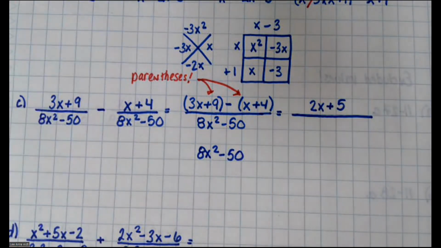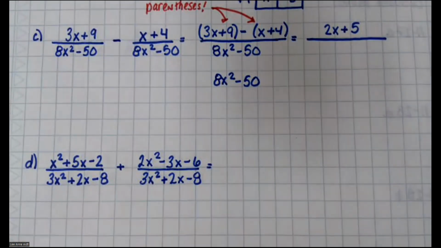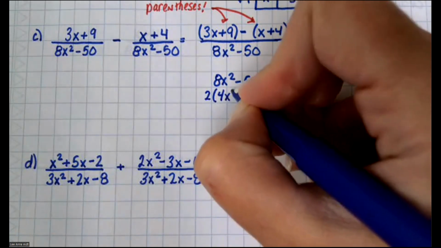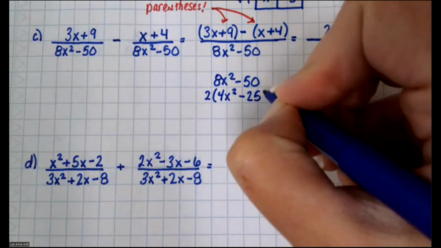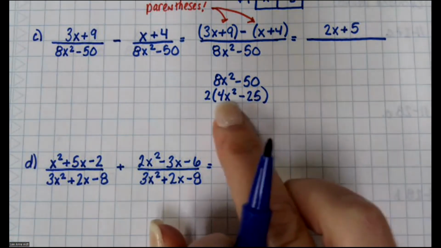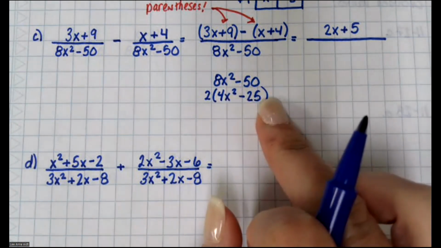This is a GCF and a difference of squares factoring. So I'm going to do this one with you. Do you notice that it has a GCF of 2? Okay, so 2, 4x squared minus 25. And back when I taught Math 2, I said to myself, okay, how do I identify a difference of squares?